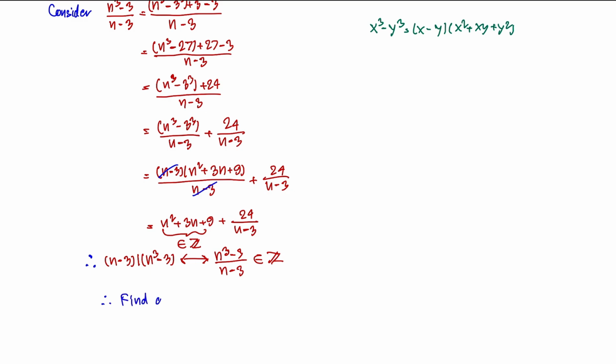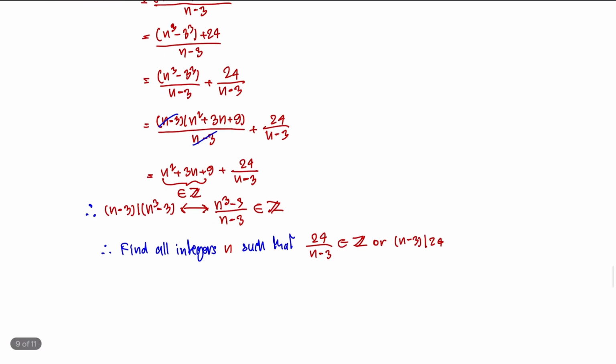That means we need to find all integers n such that 24 over n minus 3 is an integer, or n minus 3 divides 24. So n minus 3 must be a divisor of 24.